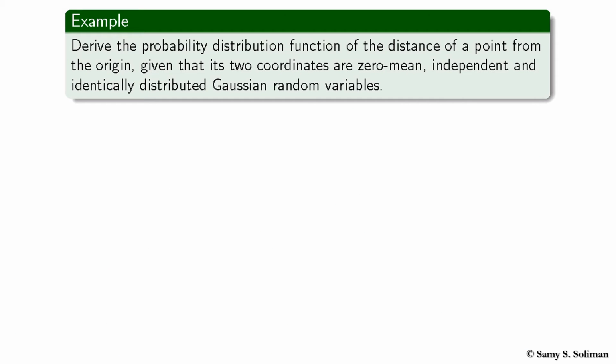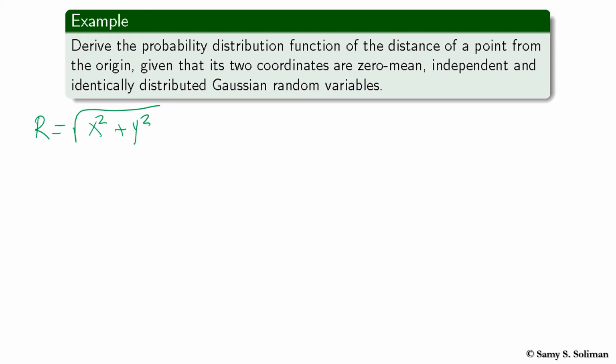Let's try another example. In this example, it says derive the probability density function of the distance of a point from the origin. So what is the distance of a point from the origin? If we have the x coordinate and the y coordinate, then the distance r from the origin is defined as the square root of x squared plus y squared.